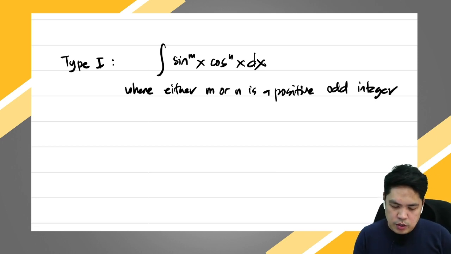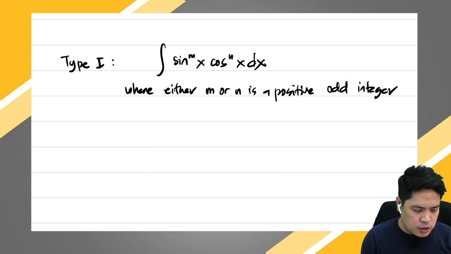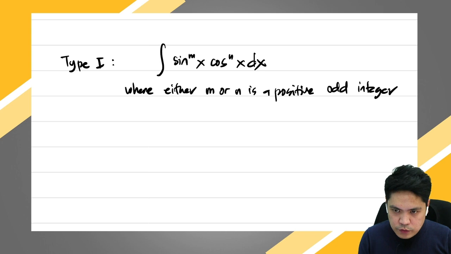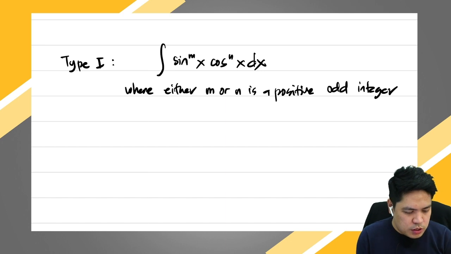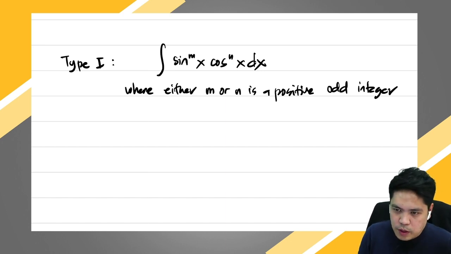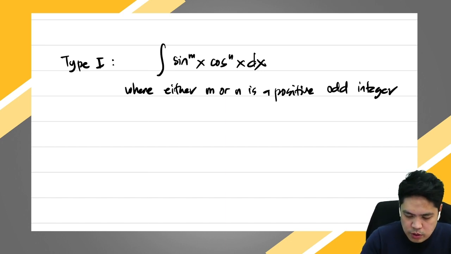Okay, so either of these two are positive odd integers. So if we have this type of integral, let's say n is the odd integer, then we can transform the integral by applying this trigonometric identity.